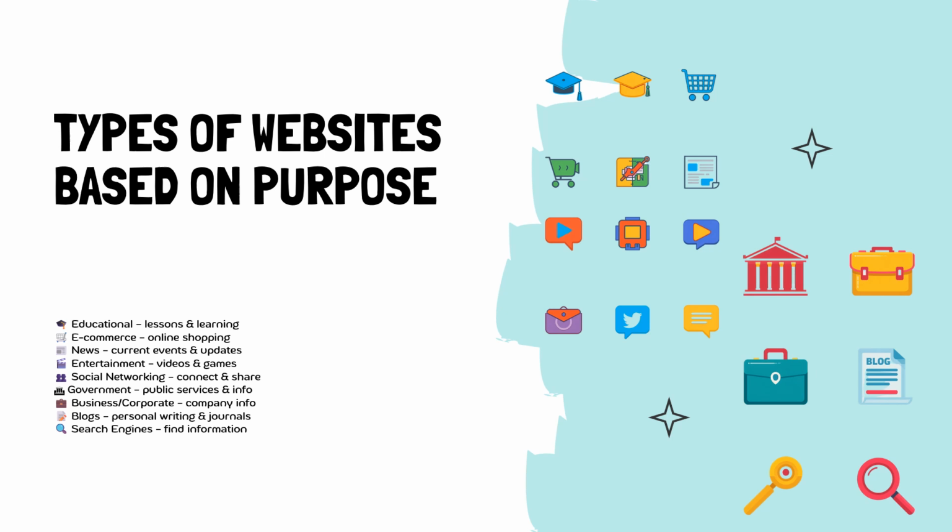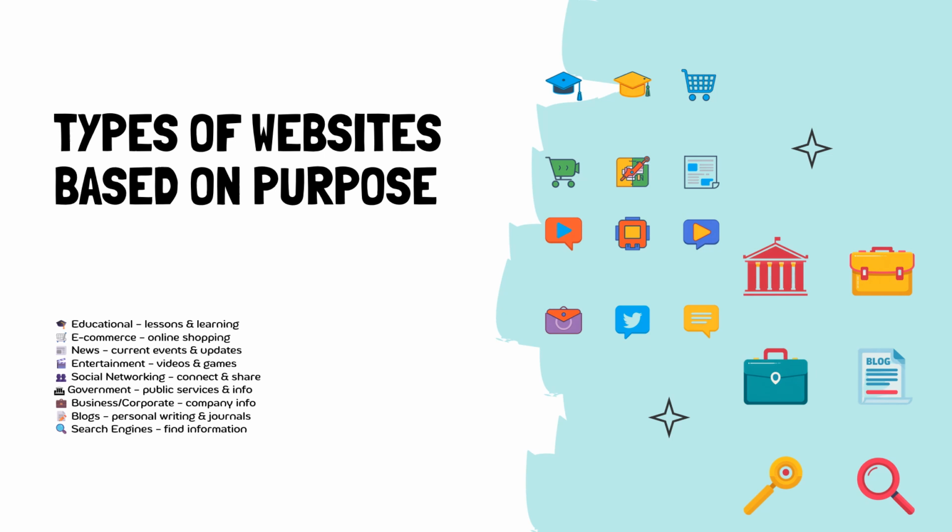Not all websites have the same purpose, class. Let's look at some common types. First, educational websites provide lessons, learning resources, tutorials, and other educational materials. We also have e-commerce websites, designed for buying and selling products or services online, like eBay, Lazada, Shopee, TikTok Shop, and a lot more.